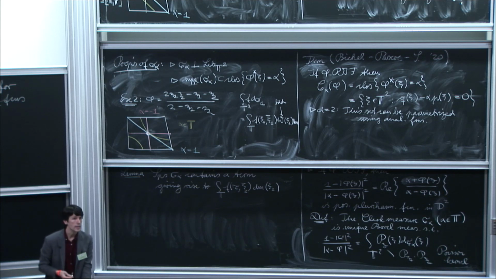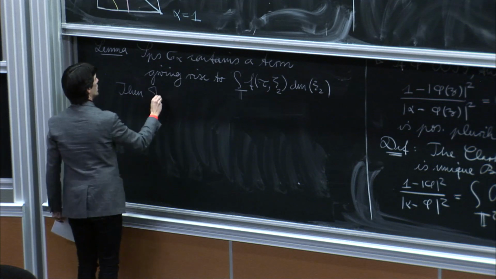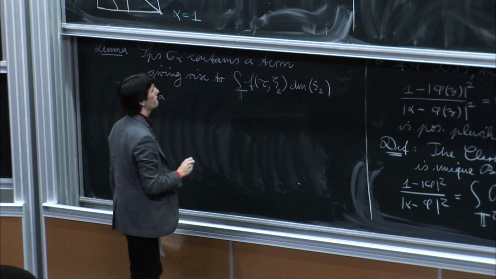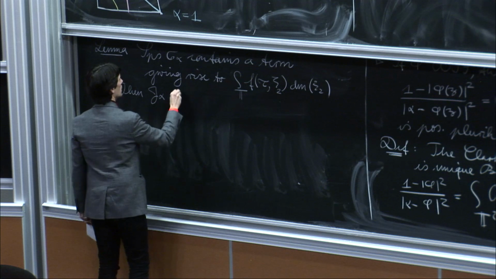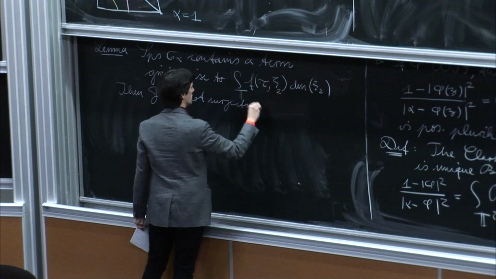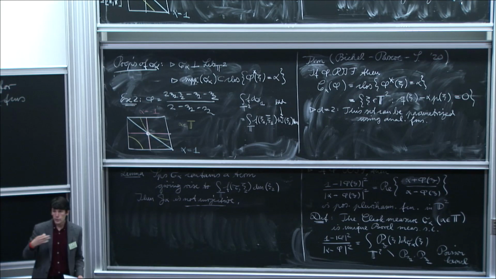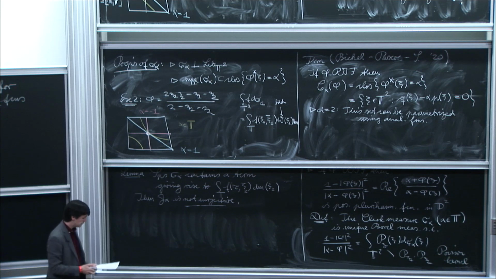If this is the case, then the corresponding J alpha is not surjective. So this gives a condition when you fail to be surjective.